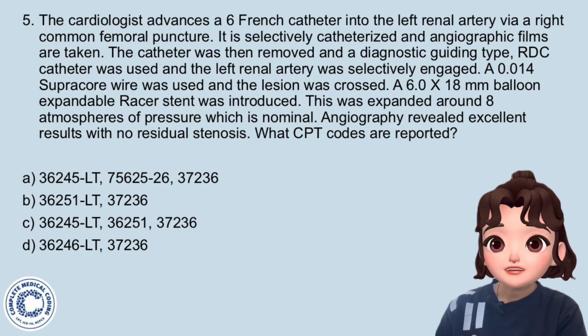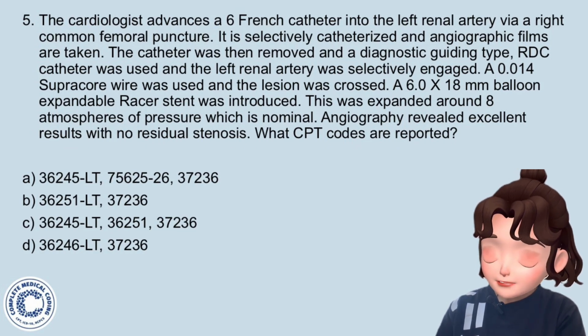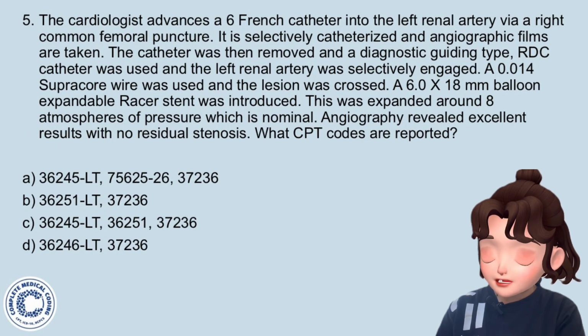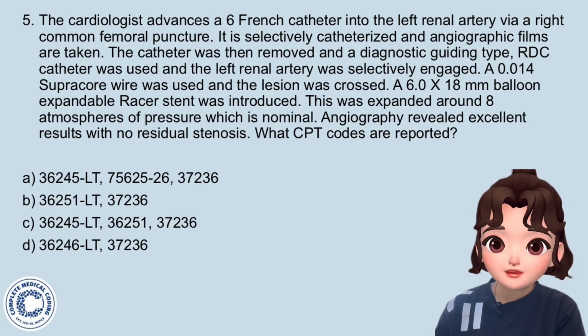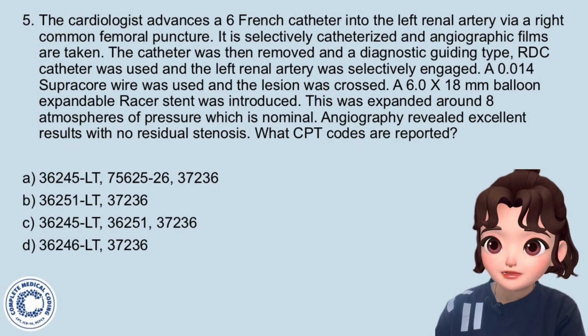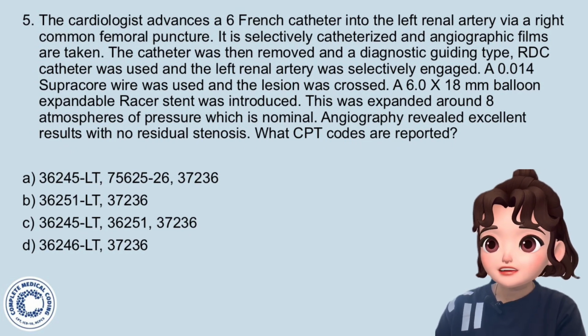What is 36246? Initial second order abdominal, pelvic or lower extremity artery branch. No, it's not mentioned. In the question it is left renal artery, which is the main artery.